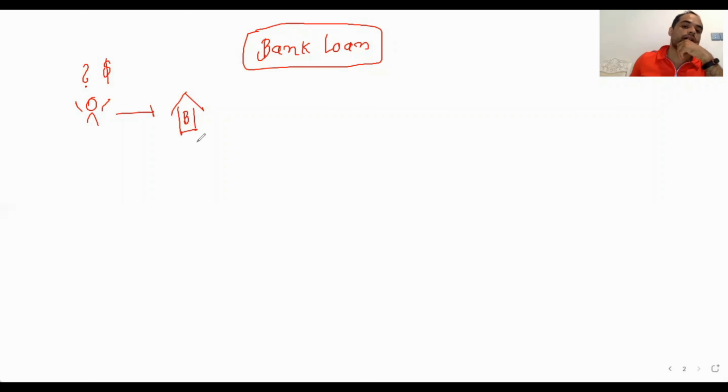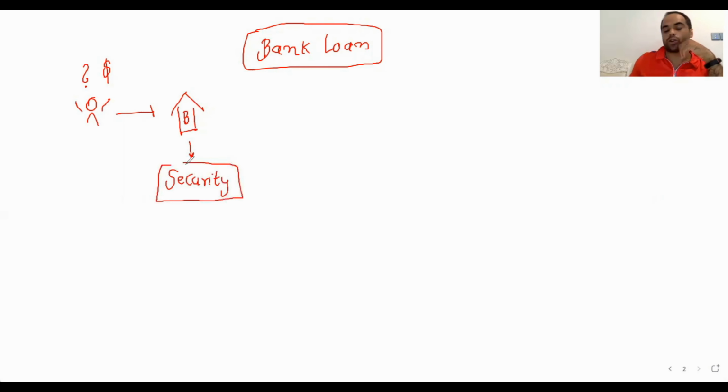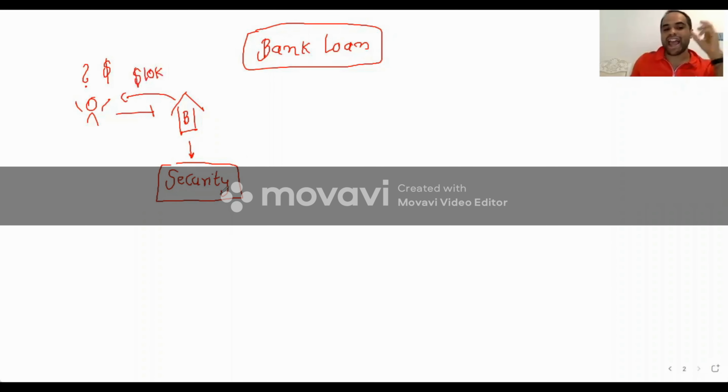But before the bank lends you money, the bank requires some security from your side. Now, what is a security? It's a security for the money that the bank will lend to you. For example, you borrow $10,000. So the bank needs security. Security means any assets, your assets.